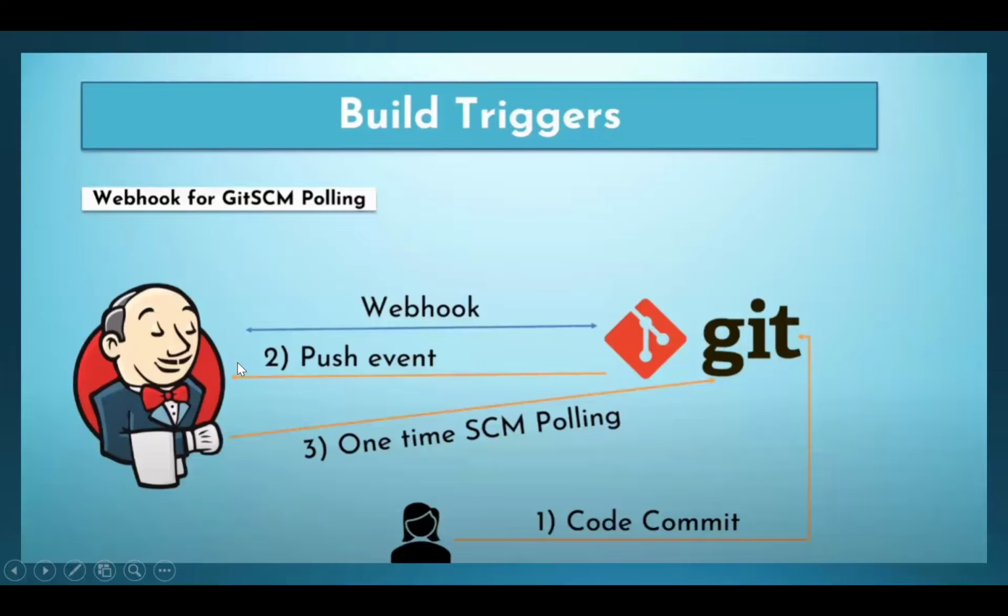So this is how it looks, the build trigger part. We'll do this one practically. You as a developer wrote the code, did the commit, we learned code commit, right?